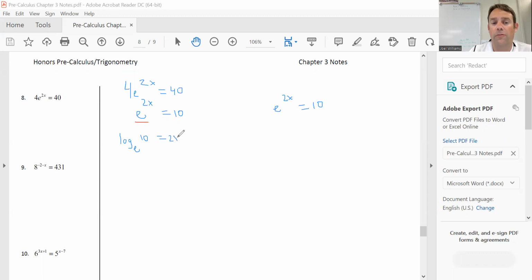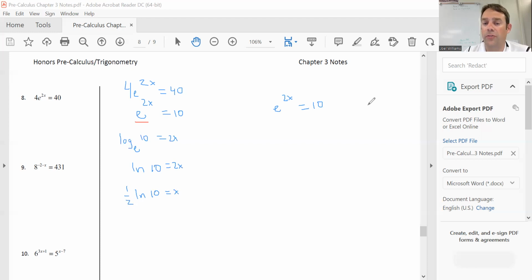This is a totally fine way to do it. And if I were to do it that way, again, log base e is the same thing as natural log. So I could change that to natural log of 10 equals 2x. And then to get the x by itself, I could divide both sides by 2, which is the same thing as multiplying the other side by 1/2. So that's one way I could do it.